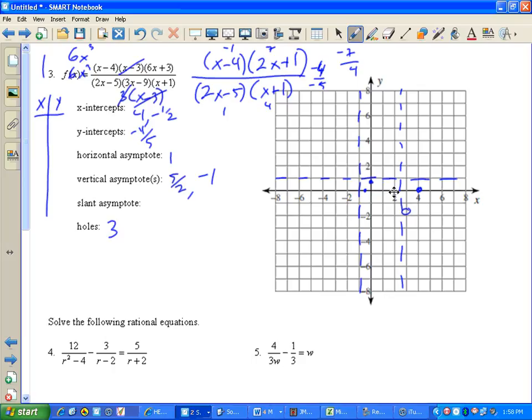So let's put in 2. So if I put 2 in here, I get -2 times 5, which is -10. If I put 2 down here, I get 4 minus 5, which is -1, times 3, which is -3. So I get 10/3, which is 3 1/3.